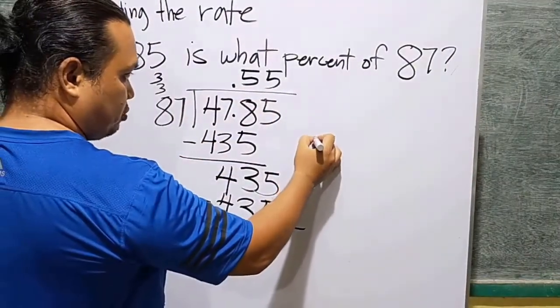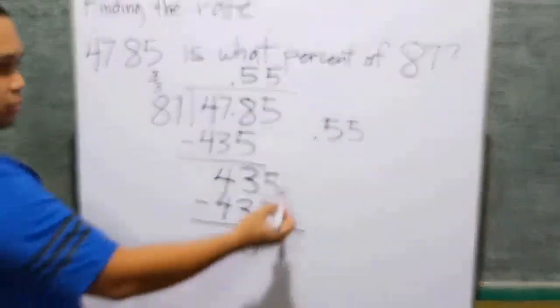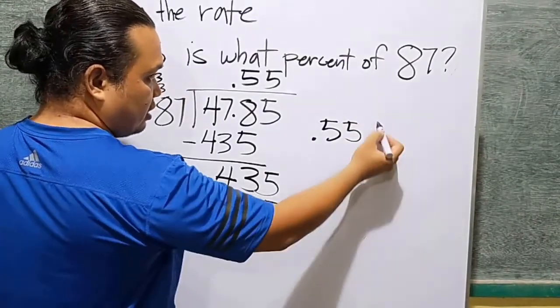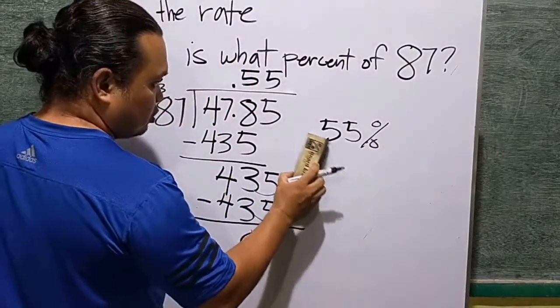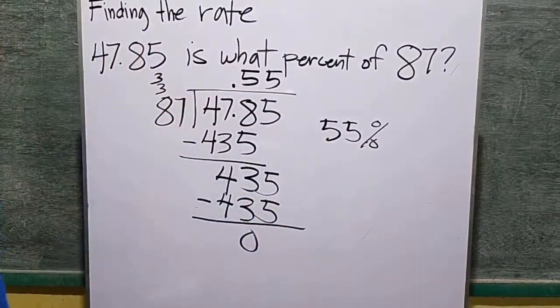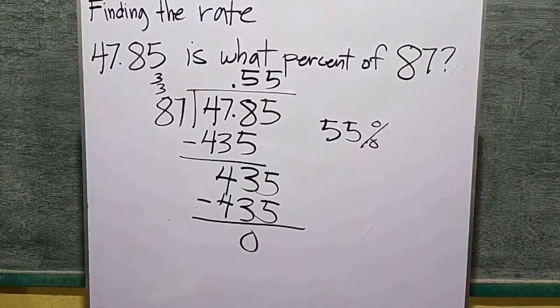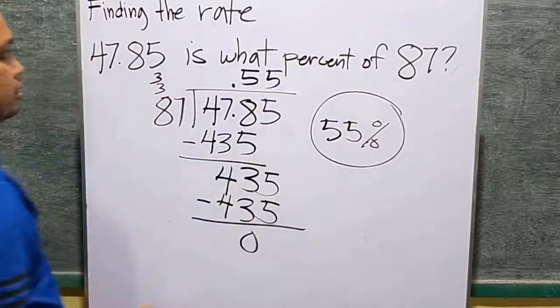Now to change 0.55 to a percent, all we need to do is move the decimal point 2 steps to the right, change it to a percent and drop the decimal point. So we have 55%.